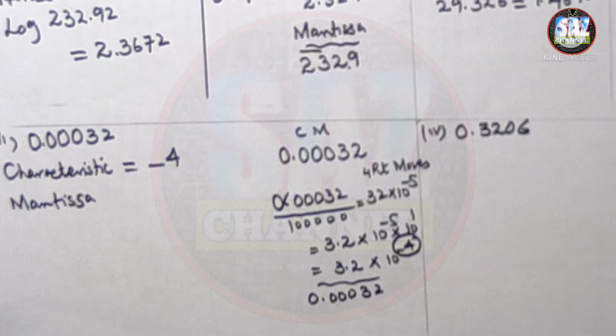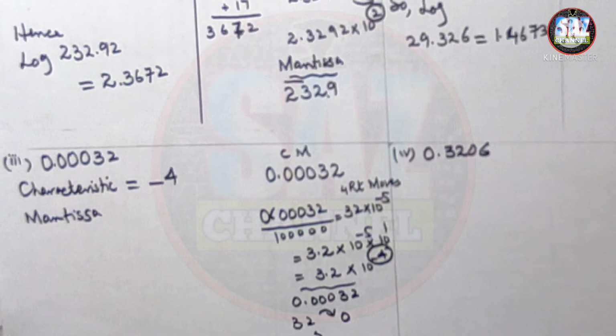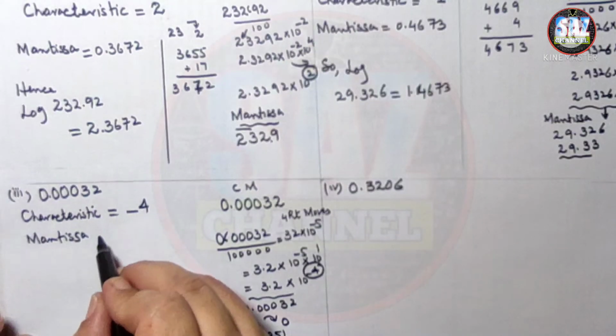When I'm checking 32 in the column 0, my value is coming 5051.